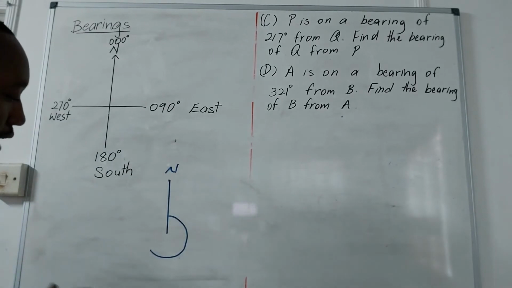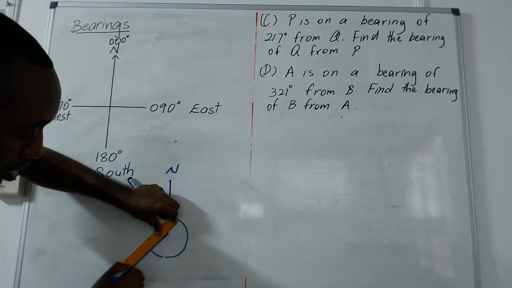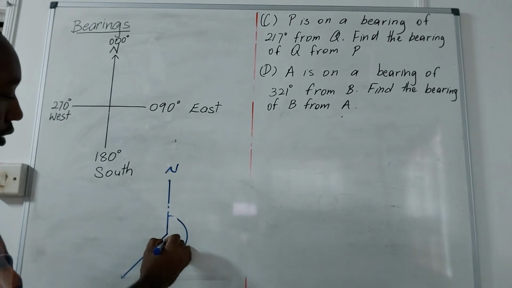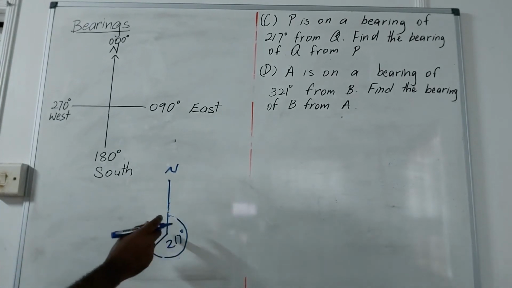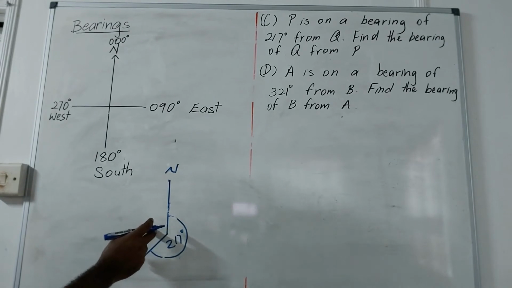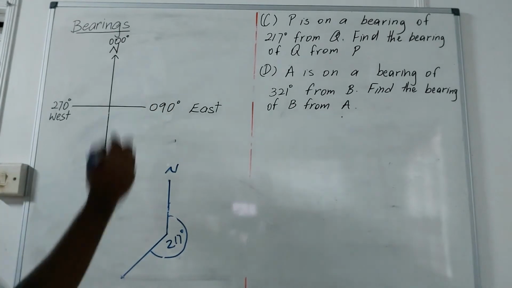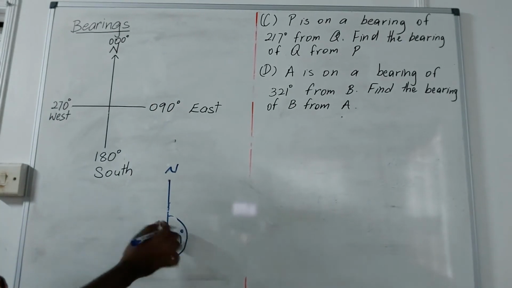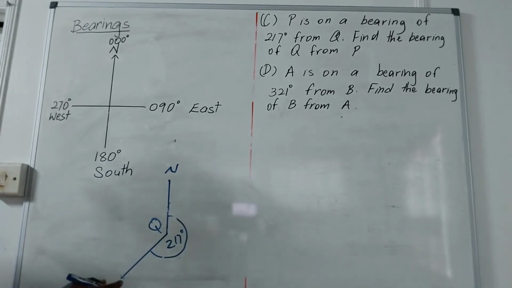So here we have 217 degrees, and our starting point, if it's from Q, this point here will be Q. We're measuring from Q, and here is P.